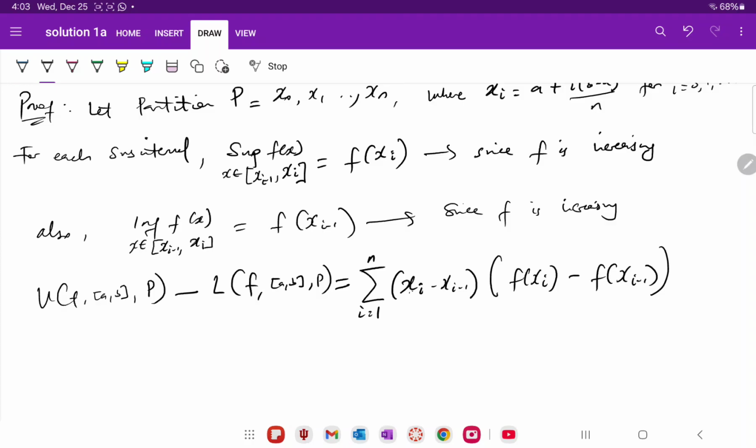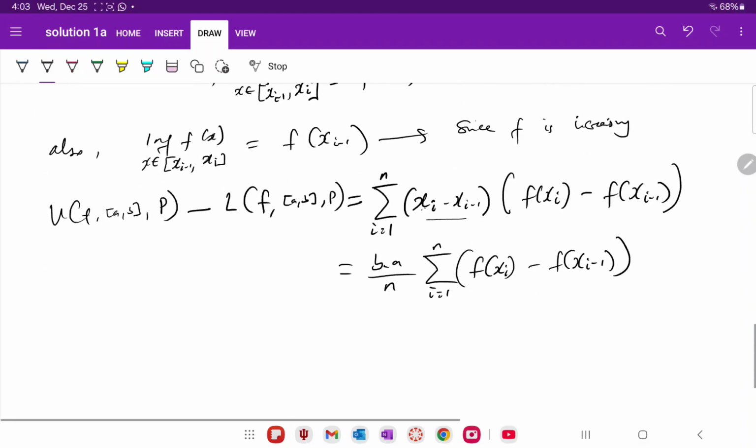And then since we divide our intervals to be equal, the common interval length is b minus a over n. So we are left with the sum of f of xi minus f of xi minus 1.